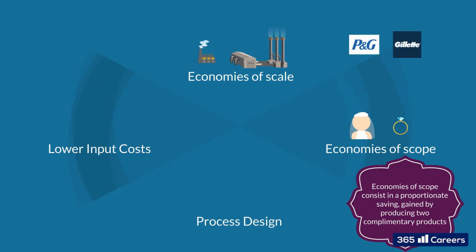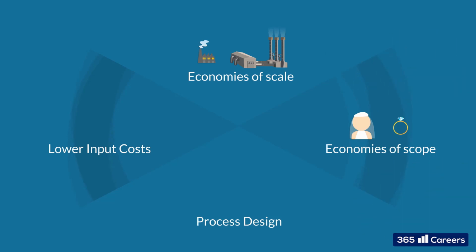A good example for an economy of scope is P&G's acquisition of Gillette. Once placed under the same roof, the two companies could use the same distribution channels and lower their logistics and sales expenses. Another good example is the production of milk and cheese. It makes sense to produce both products under the same roof, as the materials required for their production can easily be combined, right?